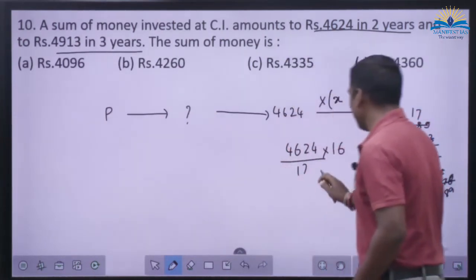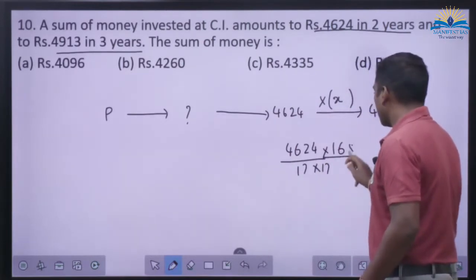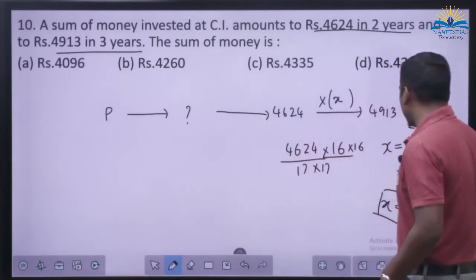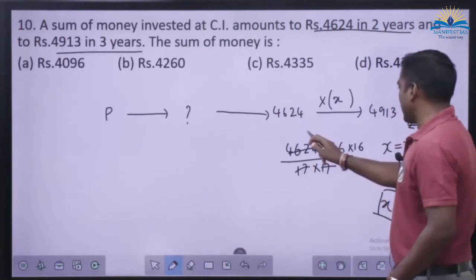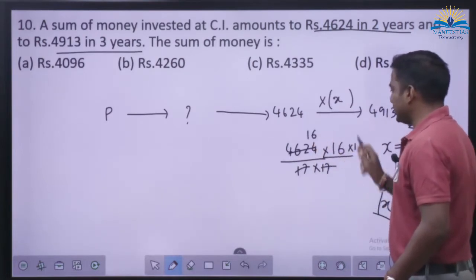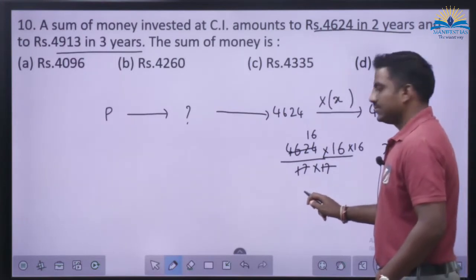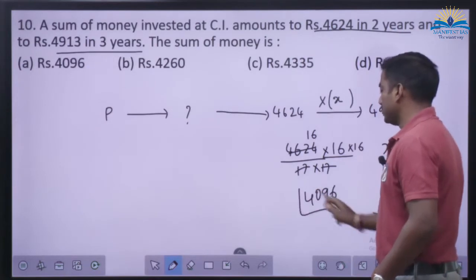Again you have to divide by 17 and multiply by 16, you will get this. Now, anyways, we have divided by 17, 17, it will get 16. 16 into 16 into 16. It is 4,096. Yes, I know this is one of the toughest problems.